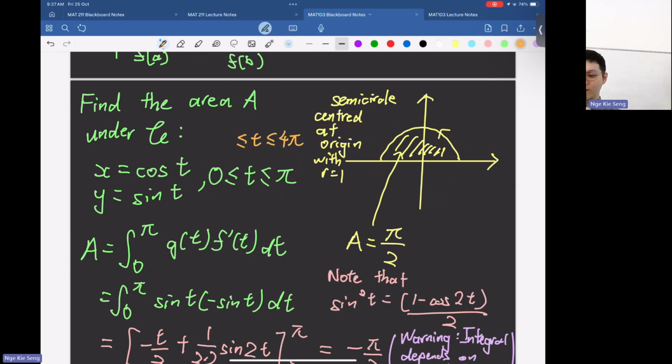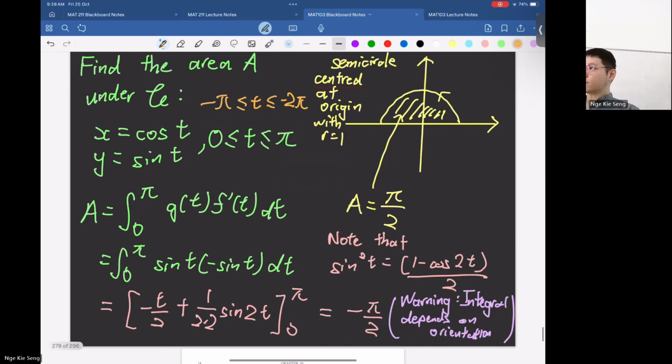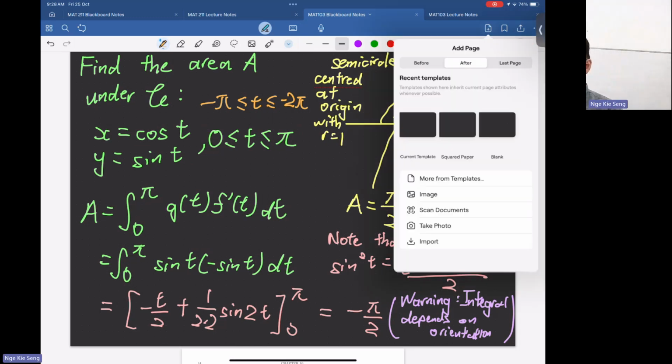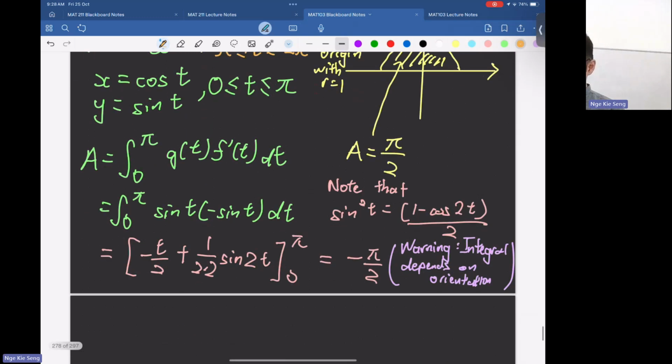Try yourself. Go integrate again. See if you get pi over 2 or not this time. You get pi over 2? Should we compute together? Let's compute together.